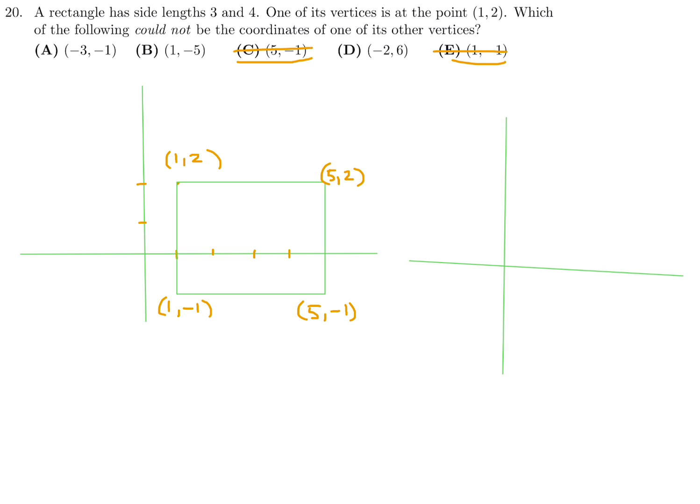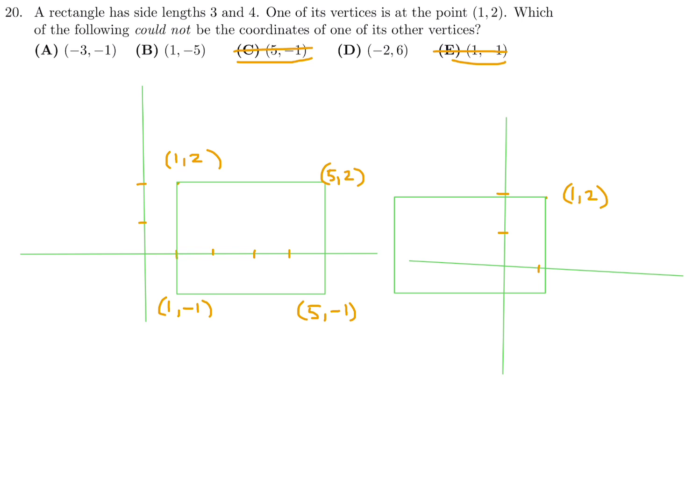Let's just draw the rectangle in another way, starting with my starting point, which is 1, 2. Okay, same thing, draw a rectangle, a little bit different this time. Not perfectly drawn to scale, but you guys understand.